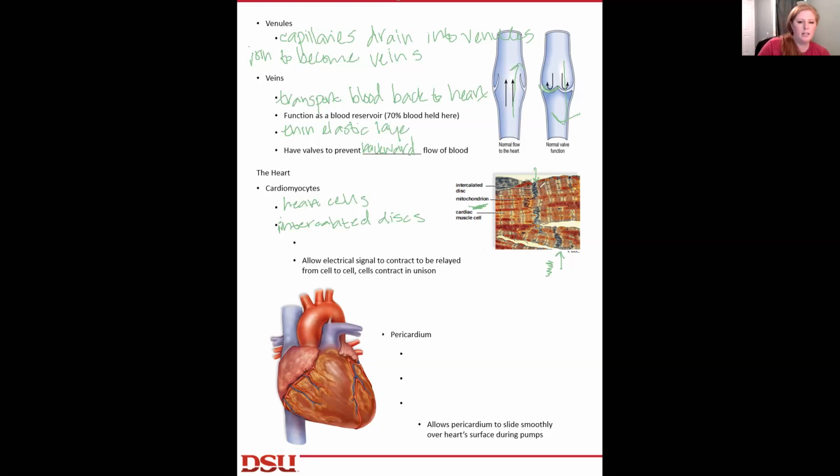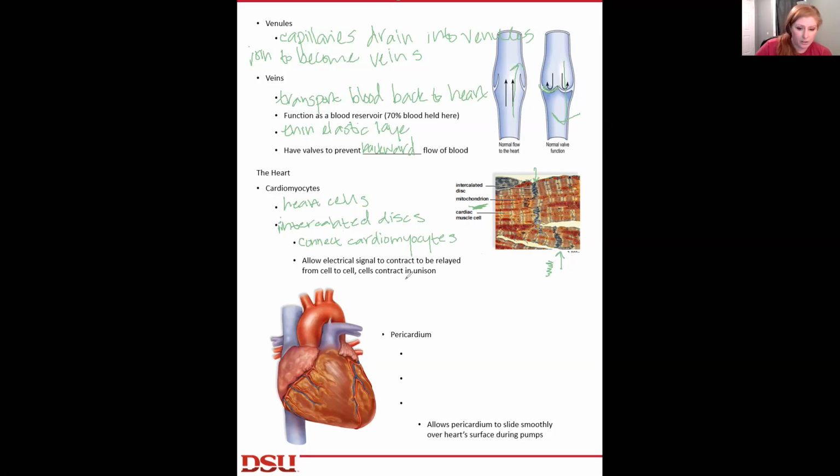But the intercalated discs are these guys that look kind of like stitches holding stuff together, because they are connecting cardiomyocytes. So it looks like the heart's been stitched together with these.